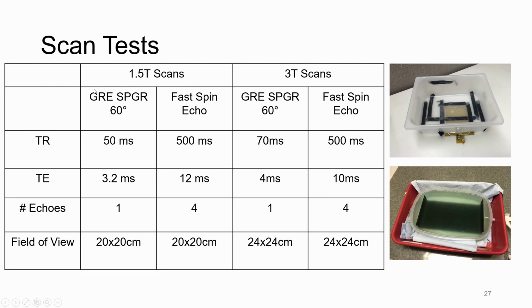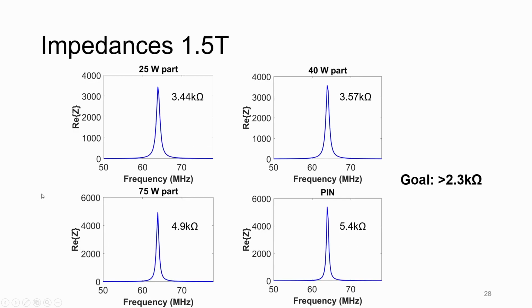Just so you know, the first one is a gradient echo SPGR sequence at 60-degree flip angle. The second one is a fast spin echo, which has very high B1 field and really stresses the parts, and that's why we chose this second pulse sequence. And here are the parameters, TR, TE, echo. Again, don't worry about what these are.